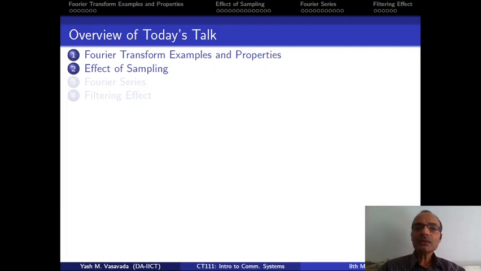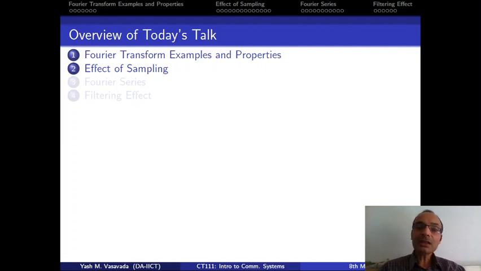The second is what happens when we take a time domain signal, a continuous time signal, and we sample it, meaning that we discretize the signal in terms of time domain. If you recall, this operation of taking a continuous time signal and converting it into a discrete time signal is the very first block of a digital communication transmitter.